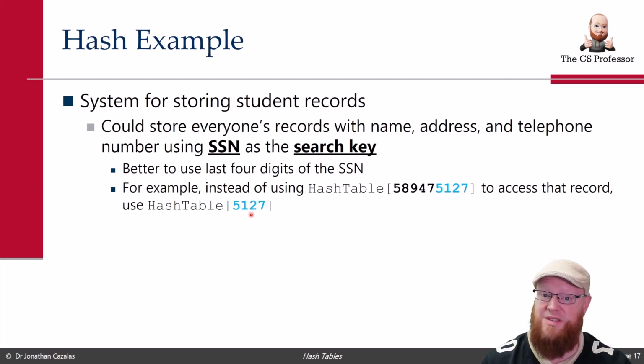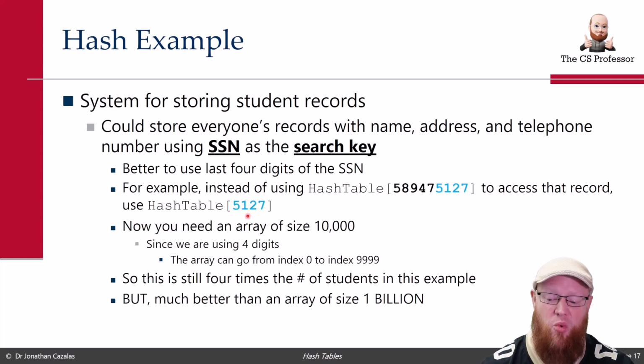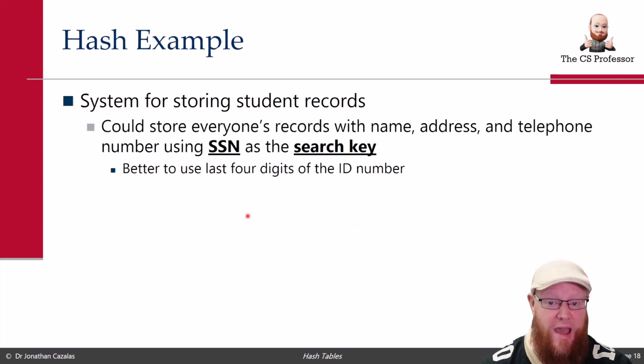That would be a table of size 10,000, still larger than 2,500 or 3,000 or 5,000 students, but much better than a billion, right? So now Betty, instead of being stored at the index of her social, would be stored at the index that comes from the last 4 digits of her social. So the size of the table is now much smaller, and we could still, hopefully, that's the key word, store Betty at a somewhat unique index. This is the idea of a hash table.